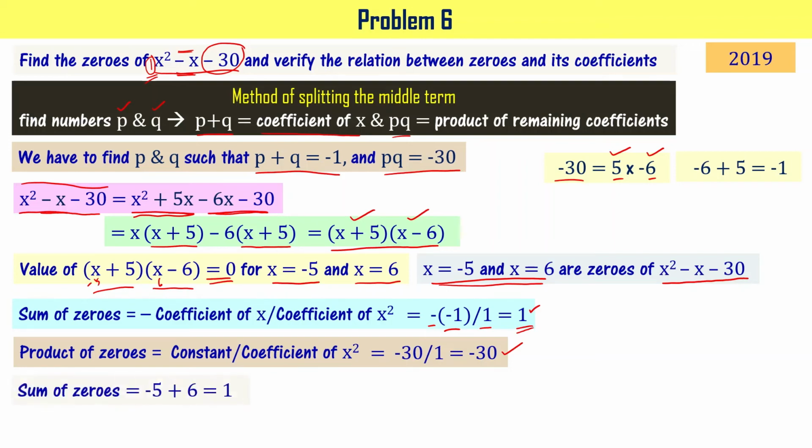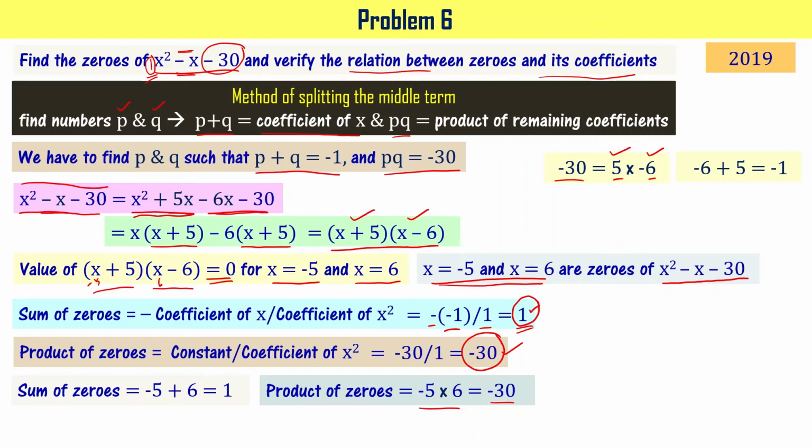Their sum is minus 5 plus 6, that is equal to 1. This is exactly equal to what we have obtained from the relation given for sum of zeros, right? Similarly, the product of zeros can be written as minus 5 times 6, that is equal to minus 30. That is exactly equal to minus 30 we got here. Therefore, I can say that the relation between zeros and coefficients of a quadratic polynomial is verified, right?